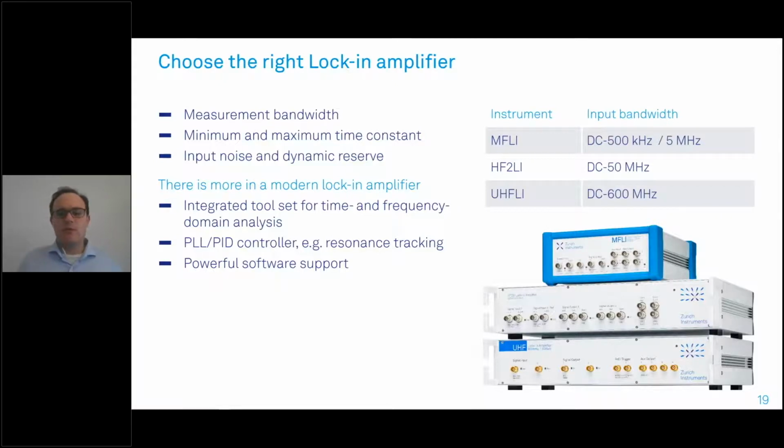I already mentioned the different frequency regimes where we can modulate, and on the right-hand side you see the different platforms we use: the MFLI, the HF2LI, the UHF-LI, which are always tailored and built for a specific input bandwidth. And of course, you should choose a lock-in amplifier which fits in terms of input noise and dynamic reserve or dynamic range, which we discussed earlier.